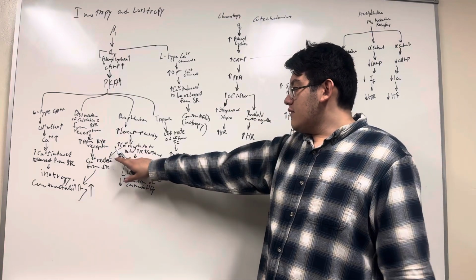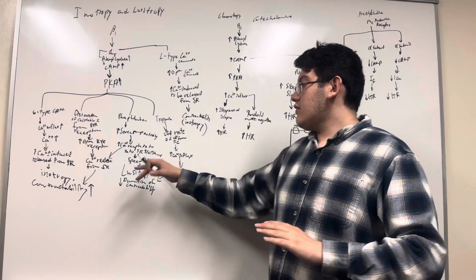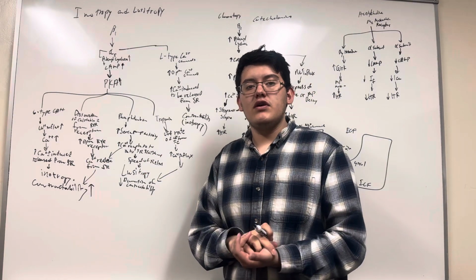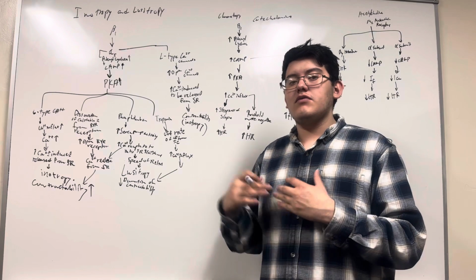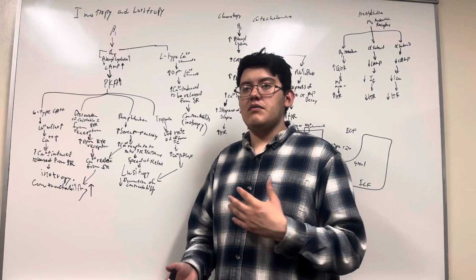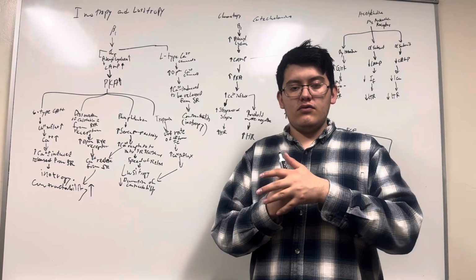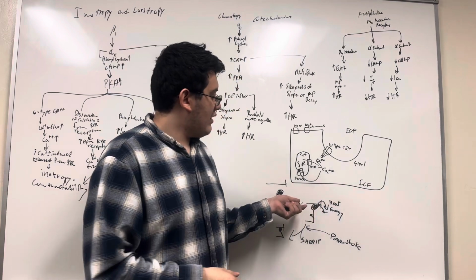But if we just reuptake the calcium, that increases the speed of our relaxation, as we have less calcium to bind to troponin C, allowing fewer myosin heads to bind, as you can see here.